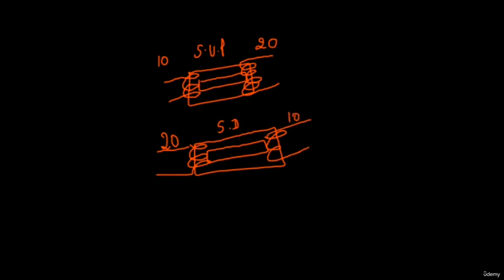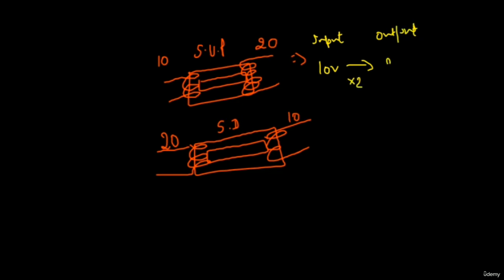So the example for the first one is, if you give the input as 10 volts, you are going to receive the output as, can you tell me? Multiply two times.